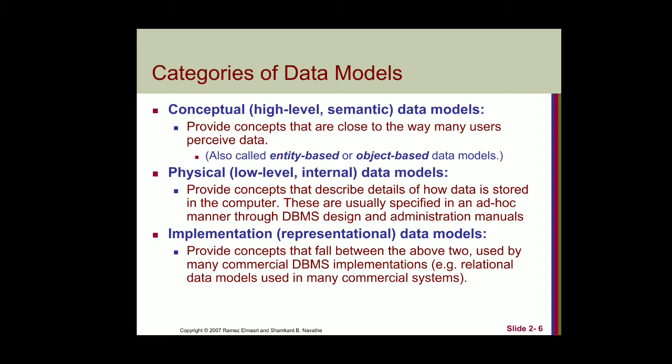They provide concepts that are close to the way many users perceive data. When we are going to store the data in the database, how do we perceive the data? That is how the user is assuming what kind of data is being saved in the database. So that is the conceptual view, or we can call it the conceptual data model, also called entity based or object based data model.